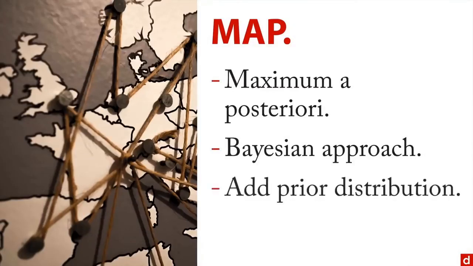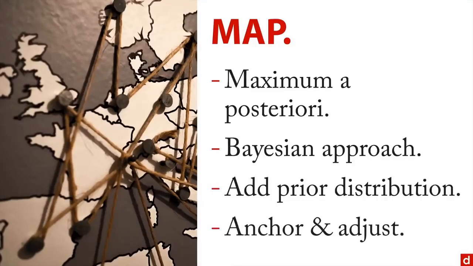And what it does is it adds the prior distribution and then it goes through sort of an anchoring and adjusting process. What happens, by the way, is that stronger prior estimates exert more influence on the estimate. And that might mean, for instance, a larger sample or more extreme values. And those have a greater influence on the posterior estimate of the parameters.